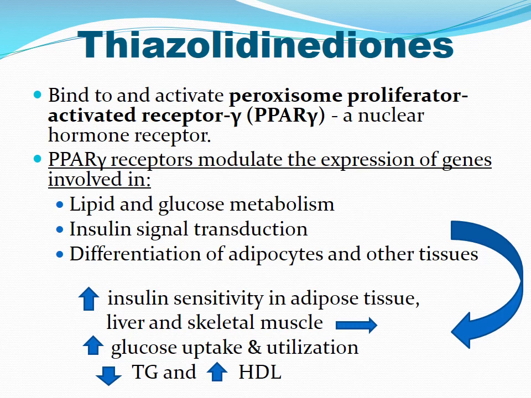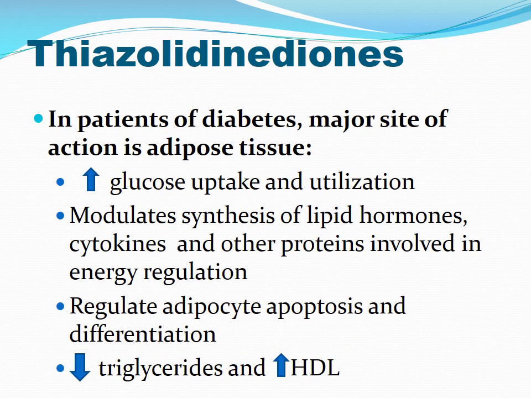Modulation of the expression of these genes will lead to an increase in insulin sensitivity in adipose tissue, liver, and skeletal muscle, with more glucose uptake and utilization, decrease the level of triglycerides, and increase the level of high-density lipoprotein.